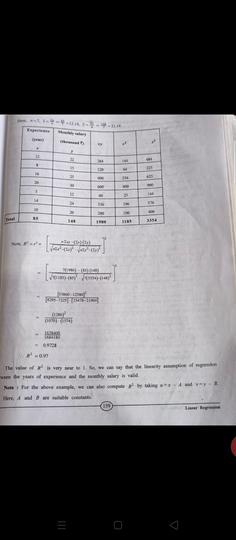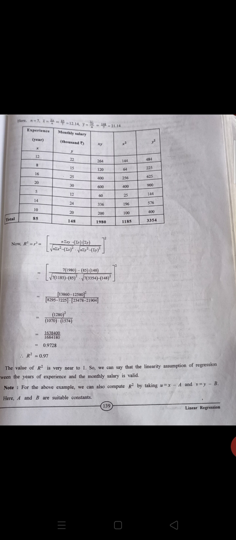Next y square, same as x square. Square of 22 484, square of 15 225, square of 25 625, square of 30 900, square of 12 144, square of 24 576, and square of 20 400. When we do the total it is 3354.